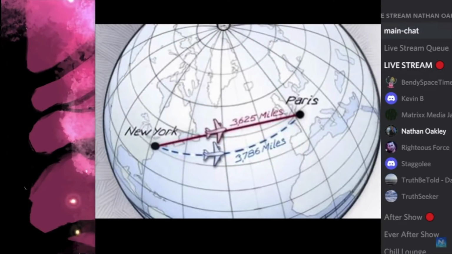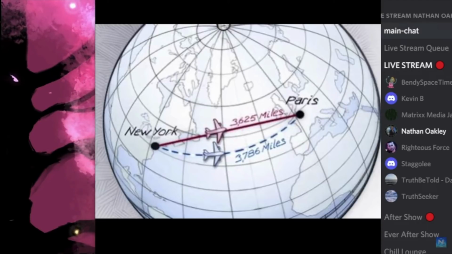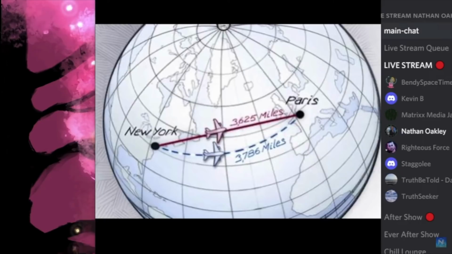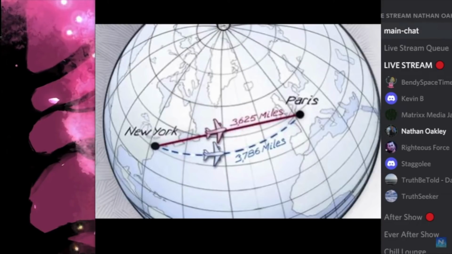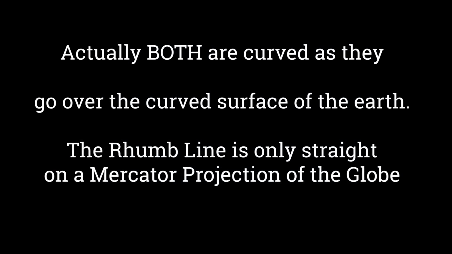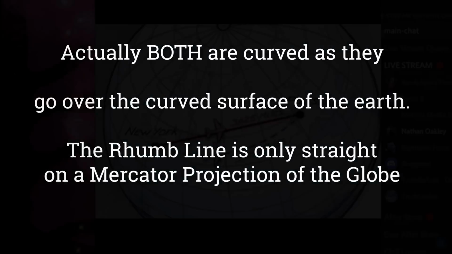Yeah. So you want to go from New York to Paris in the straight line. It's 3625 miles. And the circular dotted line there is 3786 miles. But here, there's a little trickery because the straight line is their curved line, and the curved line is the straight line. I'll explain.